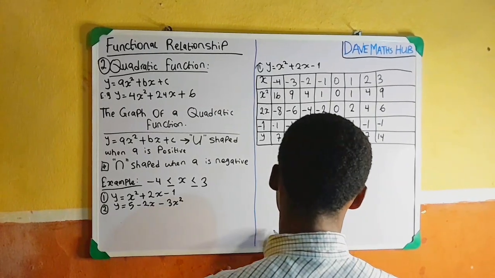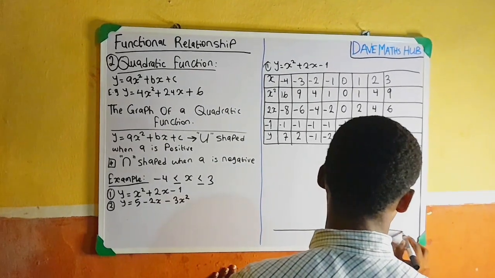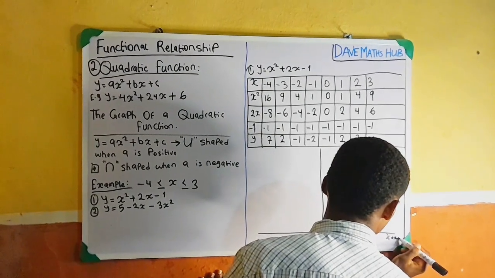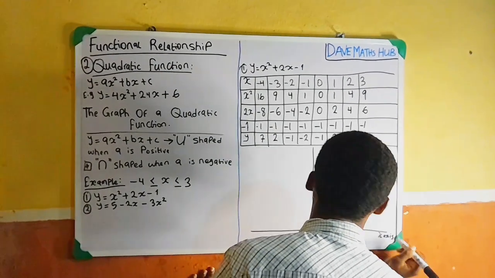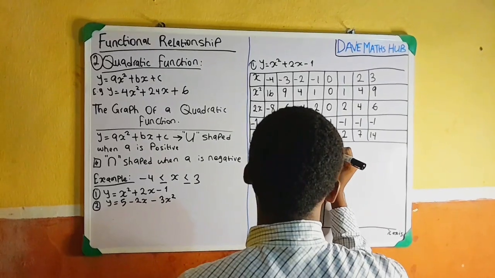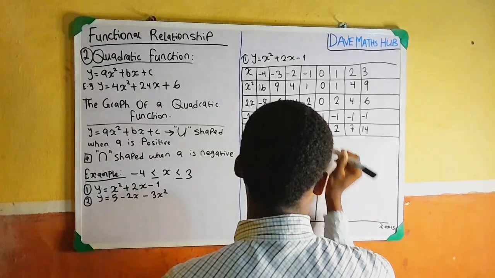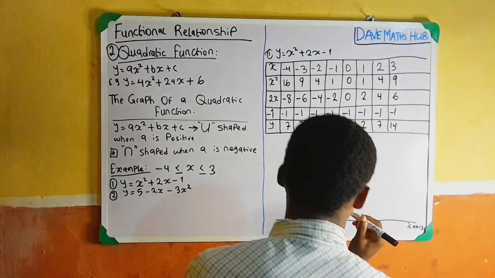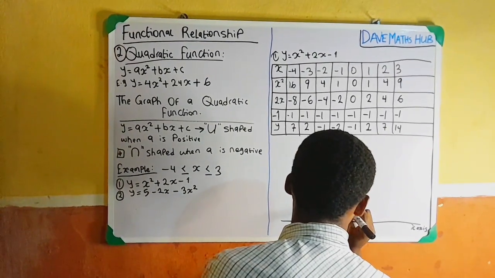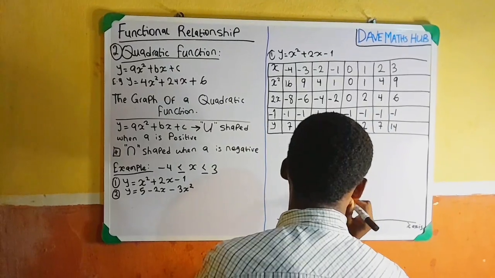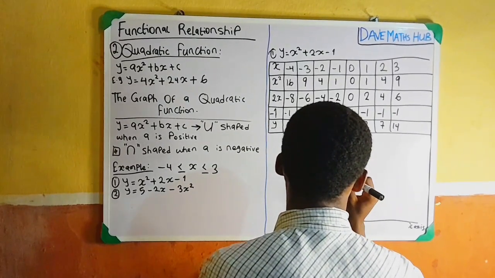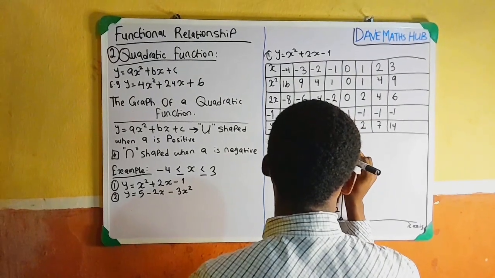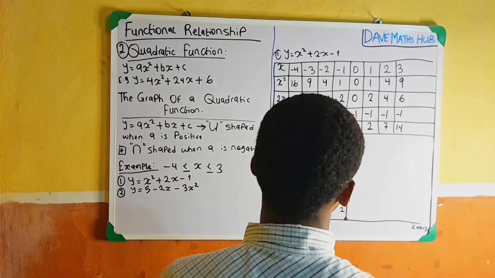So this should be something like this: x-axis and y-axis. This is 0. So since this is 14, we can move with 2, 4, 6, 8, 10, 12, 14, and 16.